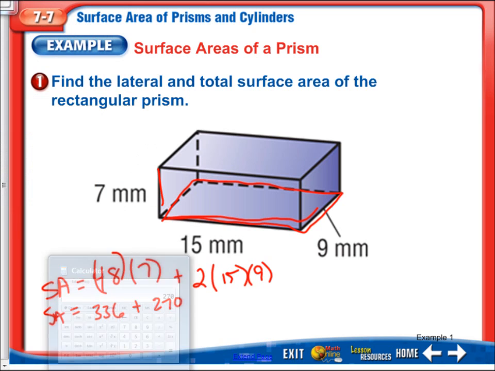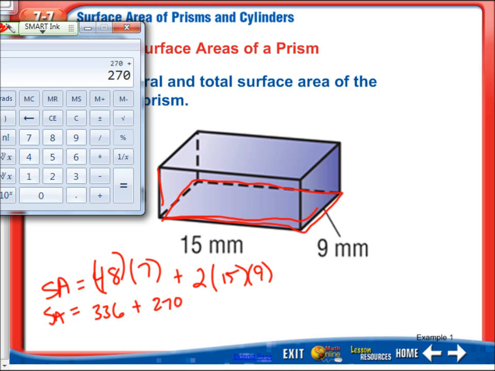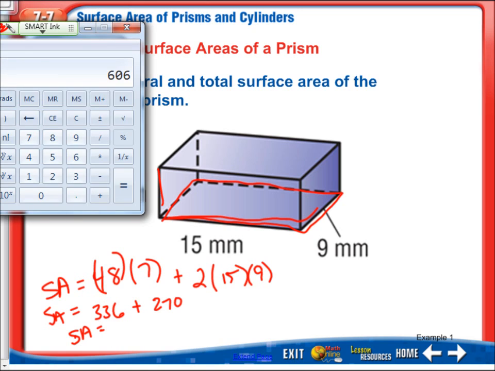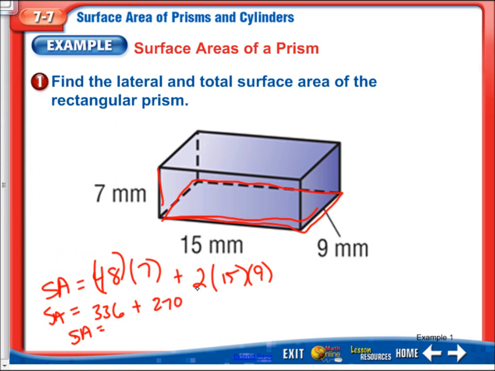Then we can take 270 plus 336 to give us 606. So the surface area of this solid is 606 millimeters squared.